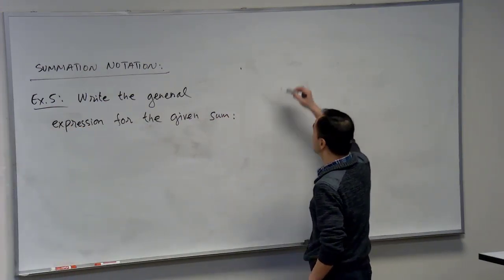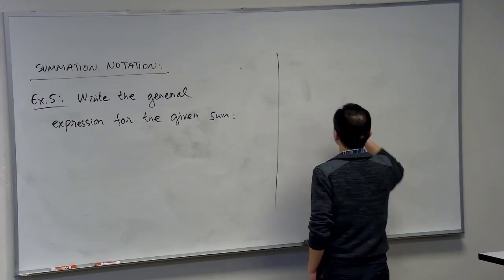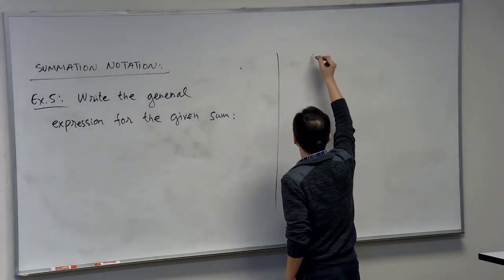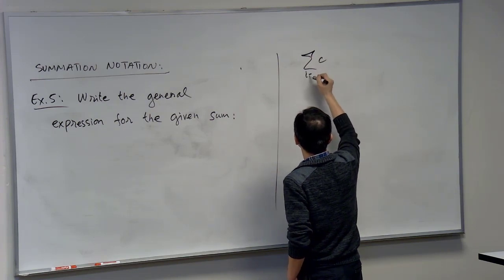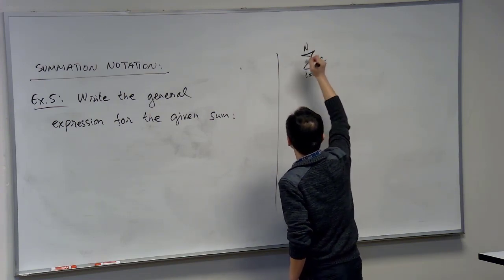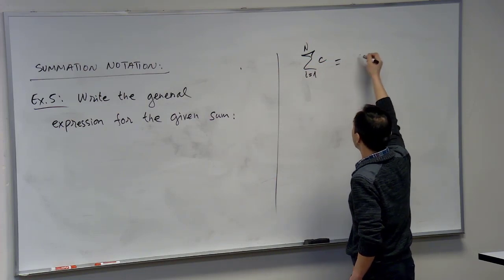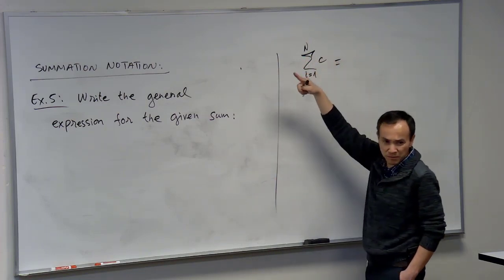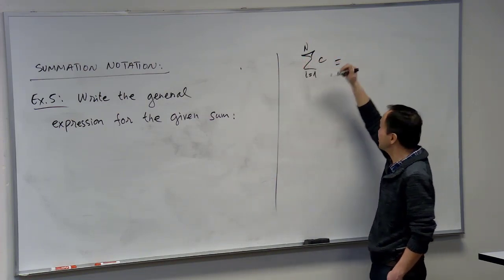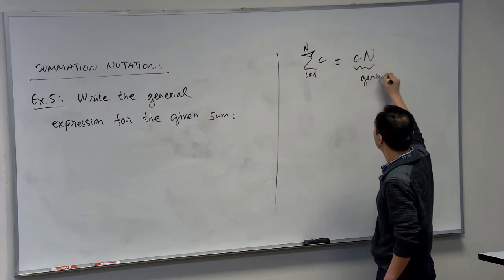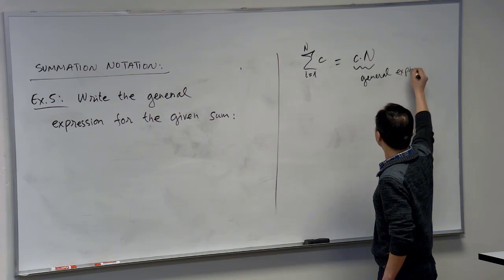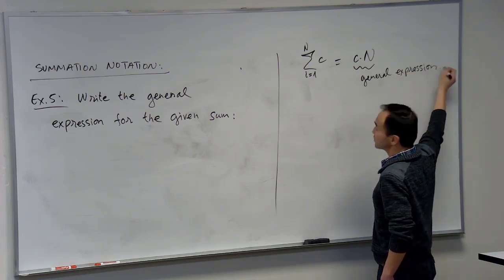Let me just recall for everyone again the one that we've had earlier, when you've got just a constant term on each of your terms, running from 1 to n. And that's the general final sum. We don't want you to go c plus c plus c plus c, n times, right? The general expression is c times n. This is what I mean by the general expression. See what I mean?